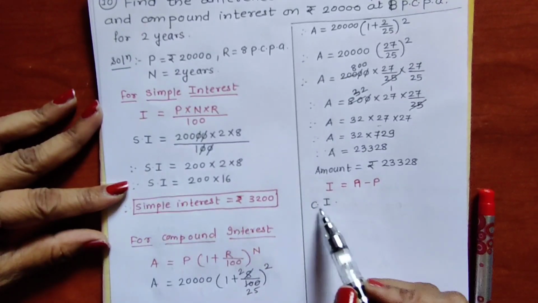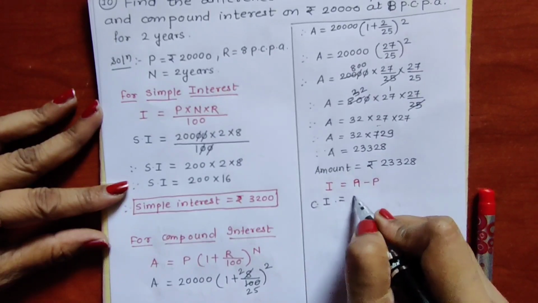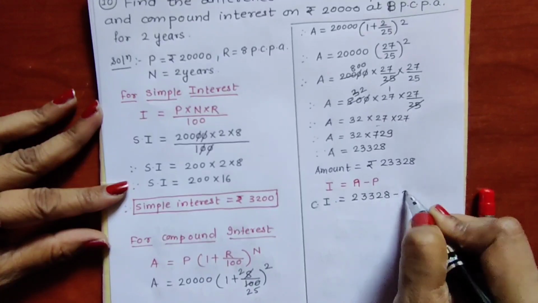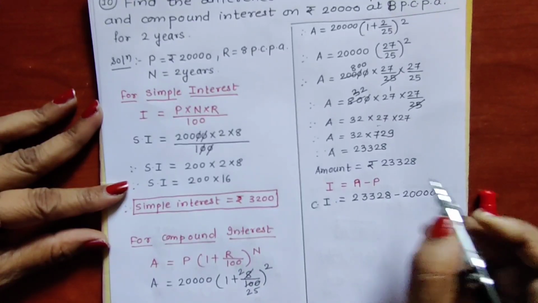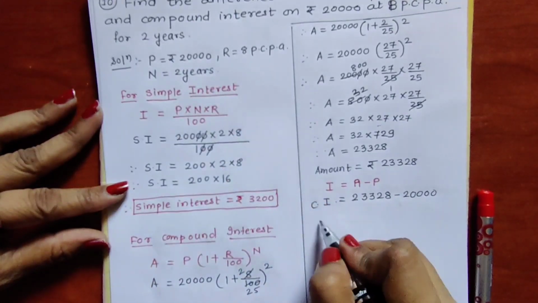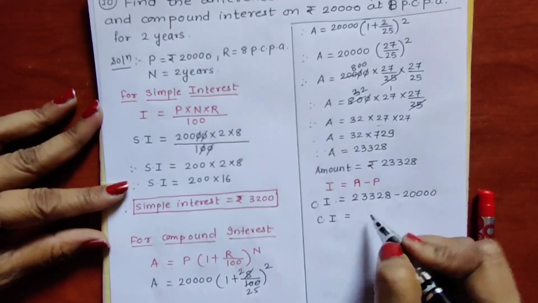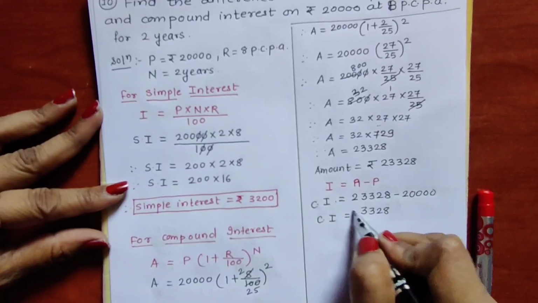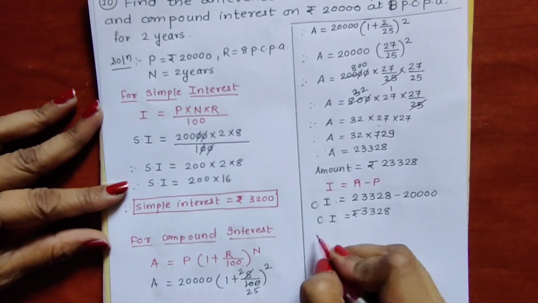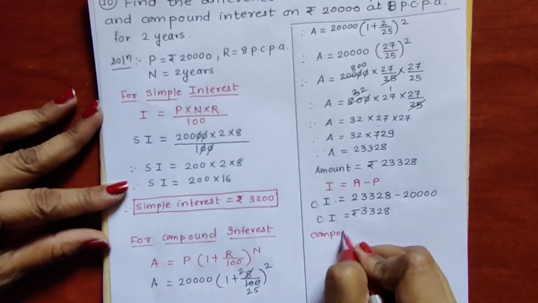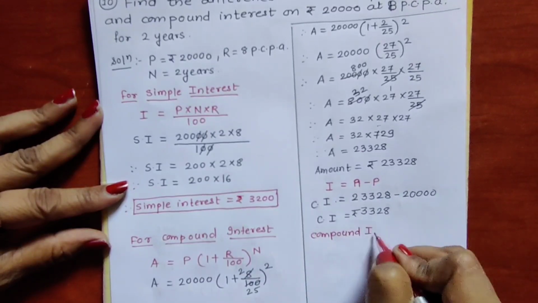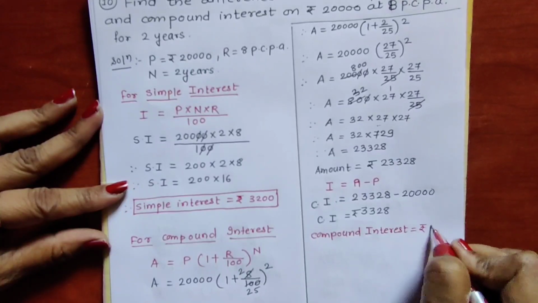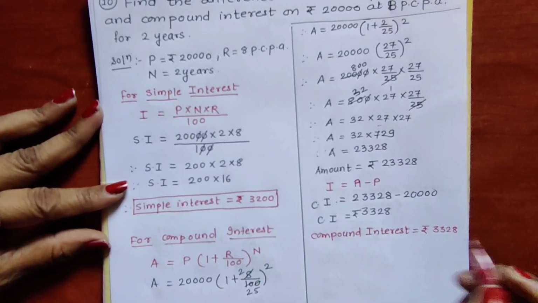Here I will be writing compound interest is equal to, amount is 23,328 minus principal is 20,000, which is given to us. So the compound interest answer is, we are getting 3328 rupees. I will be writing here compound interest is equal to rupees 3328.